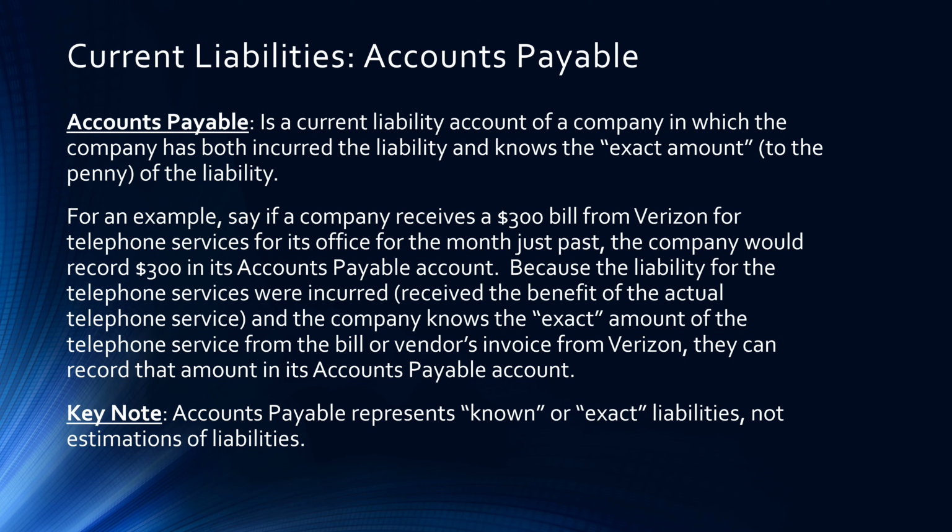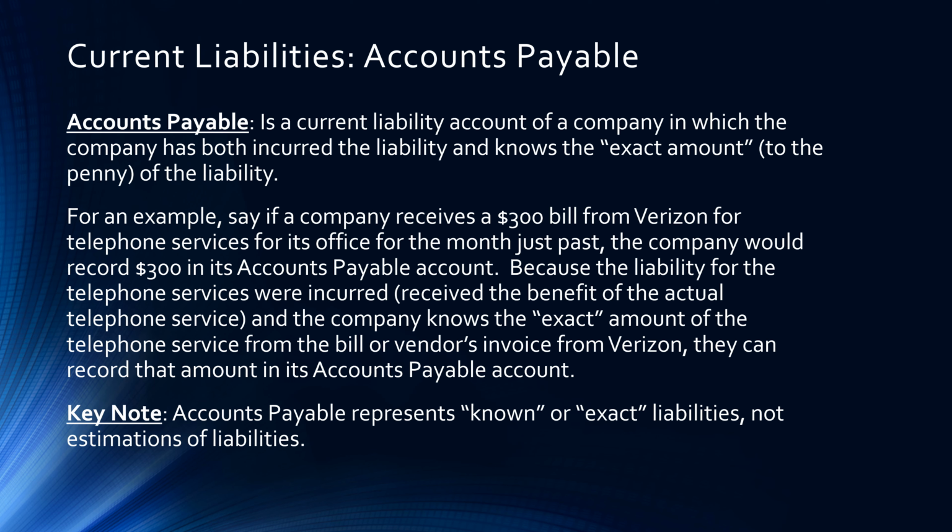For an example, if a company receives a $300 bill from Verizon for telephone services for its office for the month just passed, the company would record $300 in its accounts payable account. Because the liability of the telephone services were incurred, or the company received the benefit of the actual telephone service, the company knows the exact amount of the bill or vendor's invoice from Verizon.